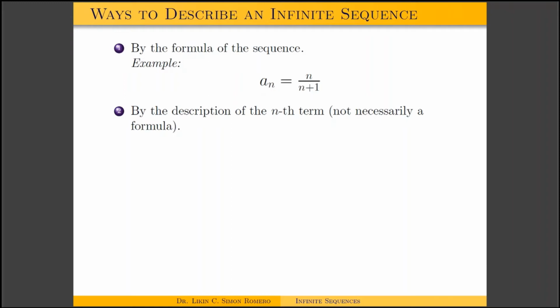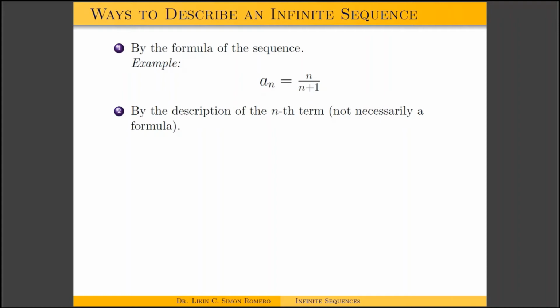So here you can see that a of 1 equals 1 over 2, or 1/2. A of 2, you're going to get 2/3. And a of 10 is 10 over 11. When we use a formula, if you ask for any number n, what is the nth term of that sequence, we can figure that right away by just plugging n into our formula.